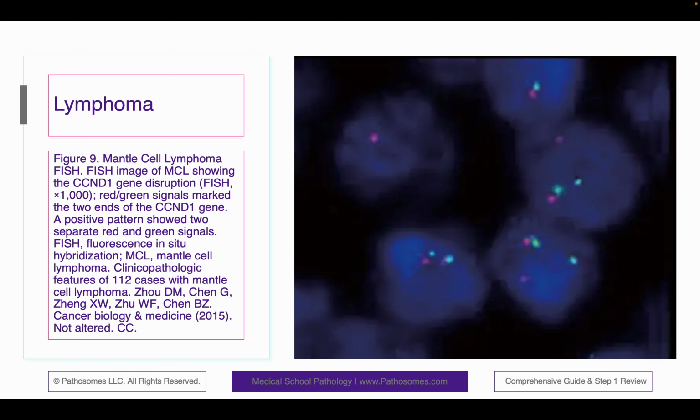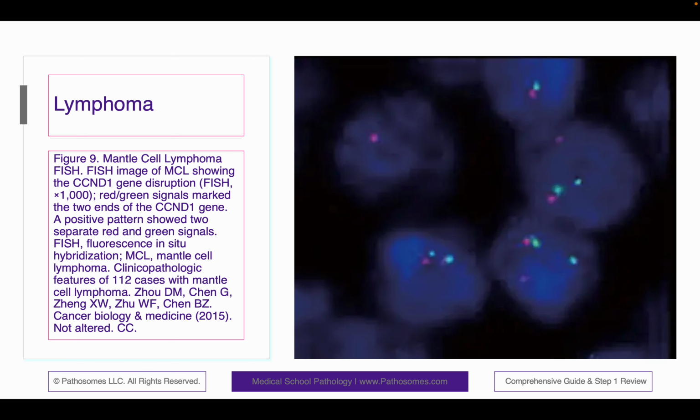Can you tell me what this image is here? If you're thinking fish, you're thinking correctly, right? Because fluorescence in situ hybridization, a cytogenetic technique, can actually be used to visualize karyotype abnormalities, such as translocations or losses or deletions or duplications of CCND1, which is cyclin D1, which is present in mantle cell lymphoma.